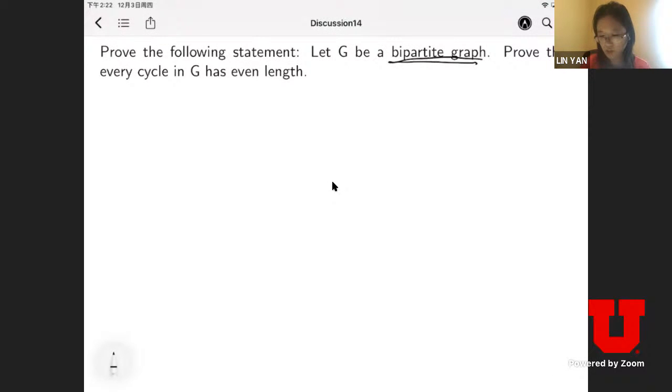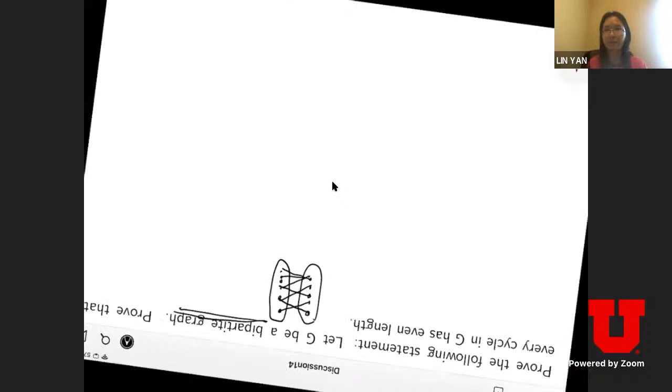If G is a bipartite graph, you can find a partition of the vertices into two sets, and in each set, they have no edges, but they have edges between the sets. So this is a bipartite graph. And then you can use the definition of a bipartite graph to prove this problem.